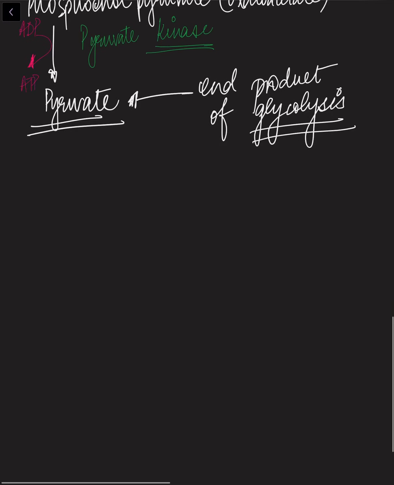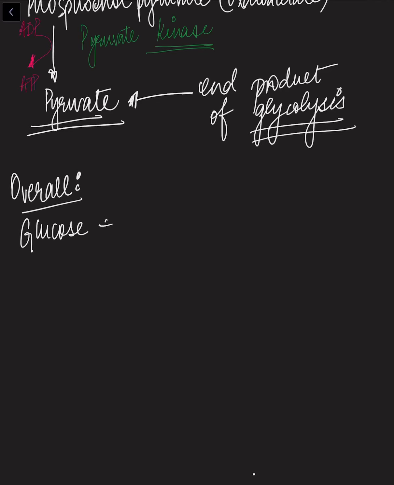So the overall reaction of glycolysis can be summarized as glucose plus 2 ADP.